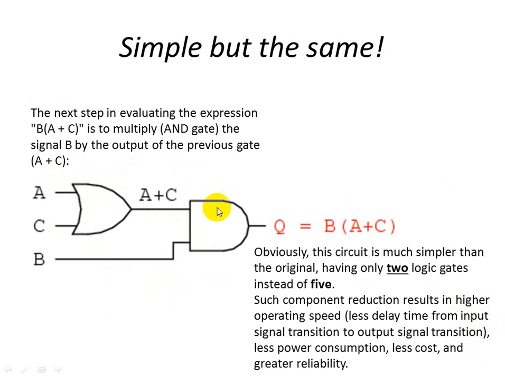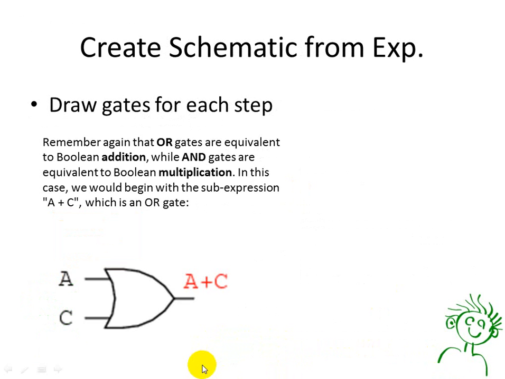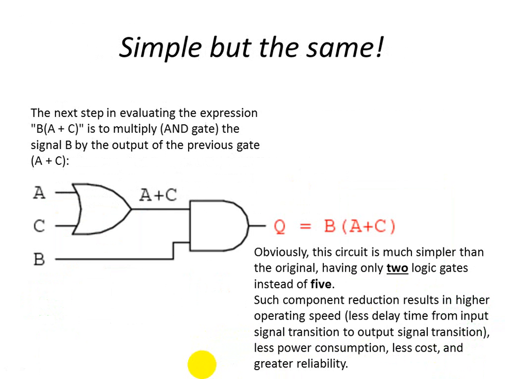Alright, and now we've ended up with Q equals B, A or C. Remember? That was our simplest expression. Q equals B, A plus C, or B and A plus C. And now we can draw the gate. So this gate consists of one OR schematic and one AND schematic. A and C feeding into this one that B feeds into, the AND.